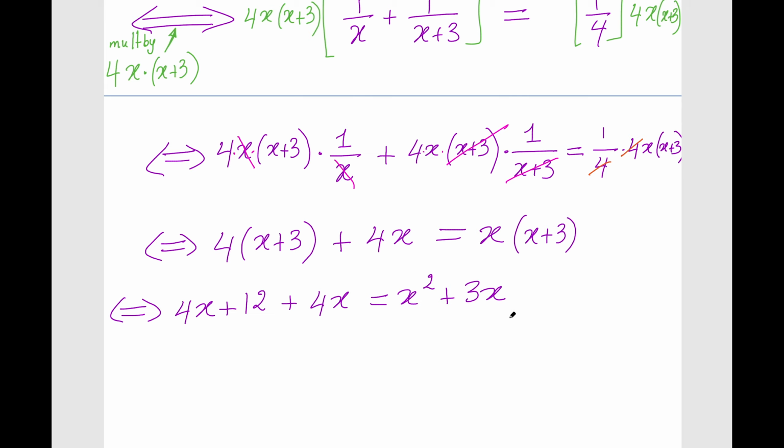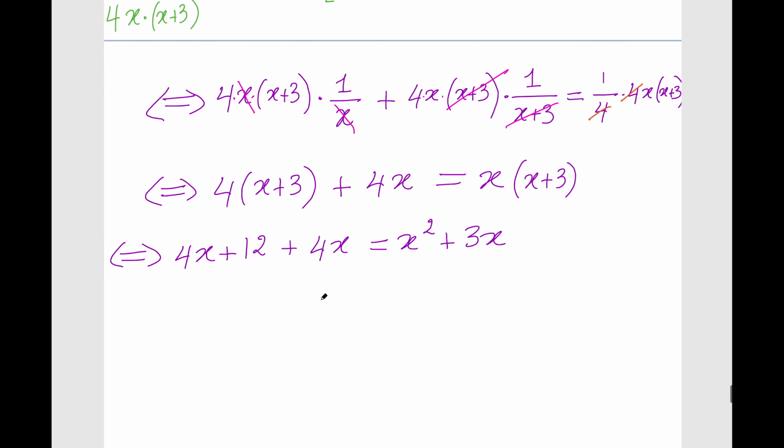As we said, let's combine like terms. The 4x plus 4x is 8x, right? So that's the same thing as saying 8x plus 12 is equal to x squared plus 3x.